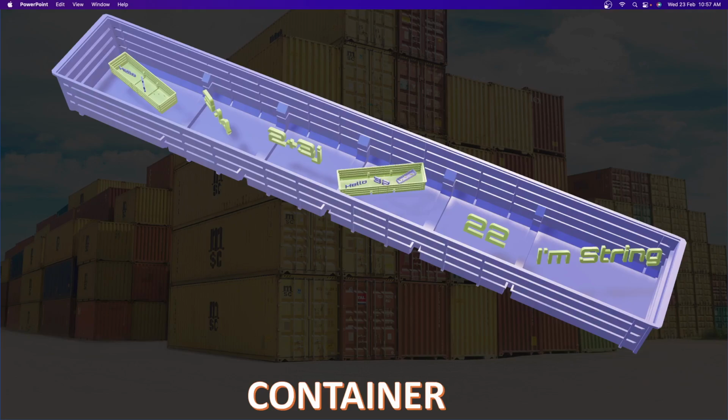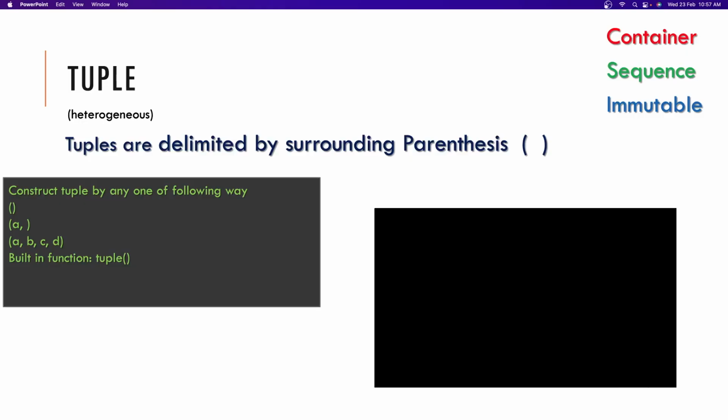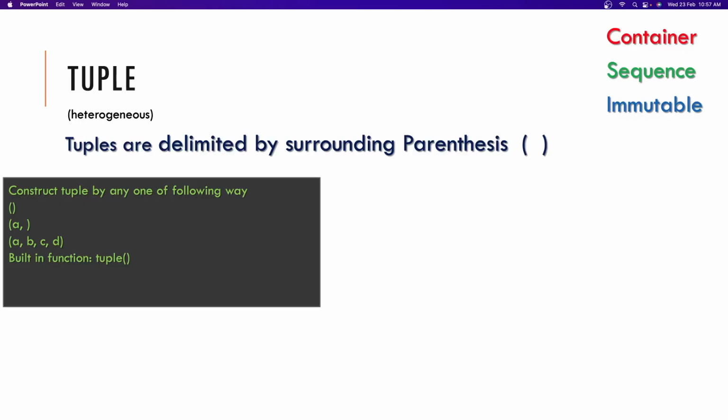But if you take a bag, you can put multiple things into that. That is heterogeneous. If you are aware of C, arrays in C are homogeneous. You can't put different values, different types. Once you declare it, you are bound to that. If you create an array of characters or an array of integers, you can store only that type.